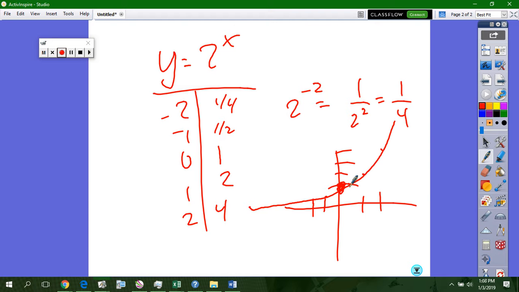The 2 raised to something, even if it's negative, is still a very small number, but it's still greater than 0, isn't it? 2 to the negative millionth power is still a very small number, but it's still greater than 0. Can I ever get something to be 0 if my base isn't 0? My end behavior will approach it as it goes to the negative. Okay? So there is an asymptote.